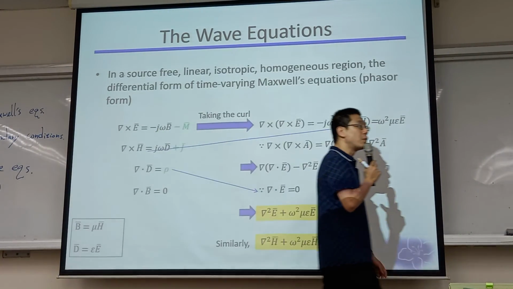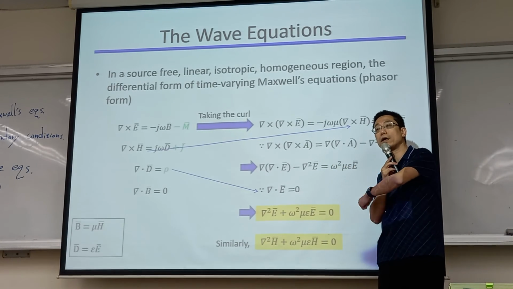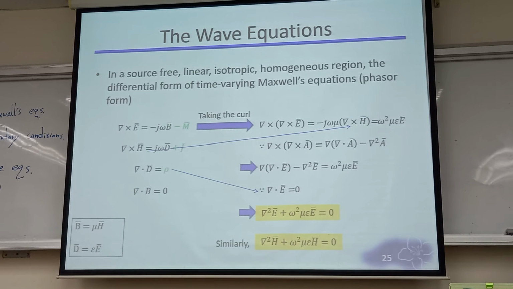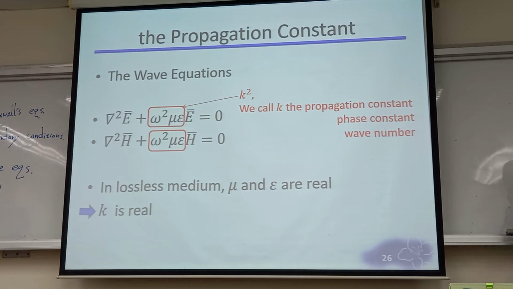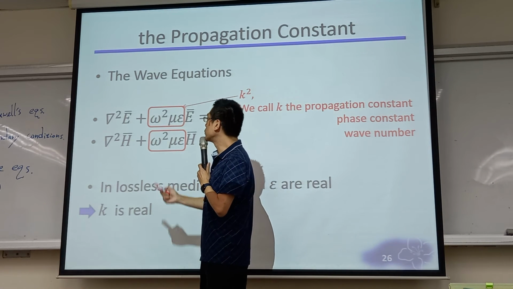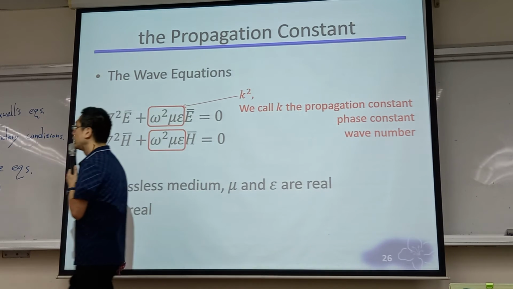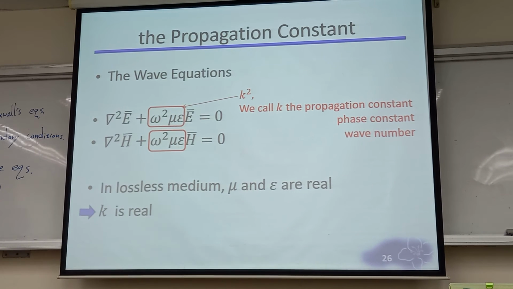My question is, what is the structure of the E field and the H field? I will try to solve these two equations, but this one is too ugly. I don't want to see too many variables.